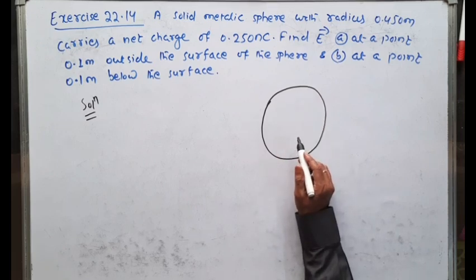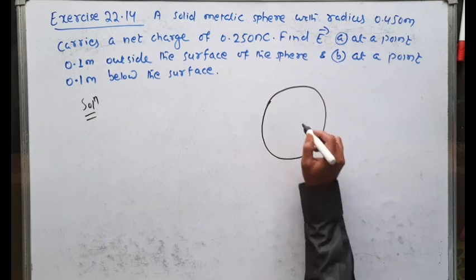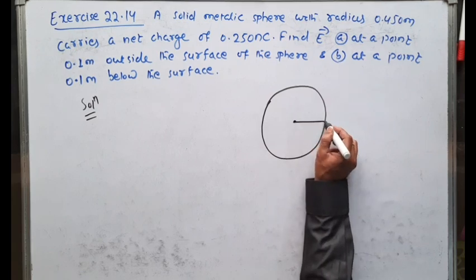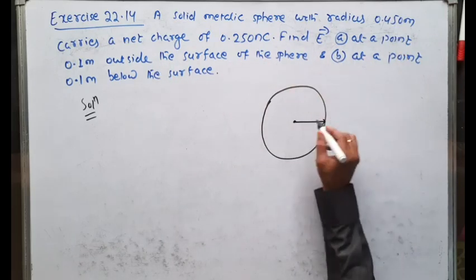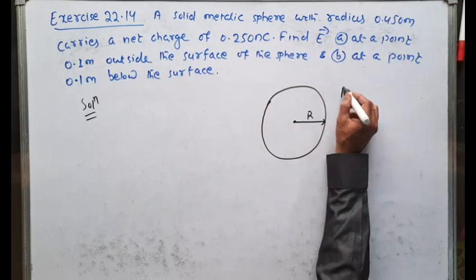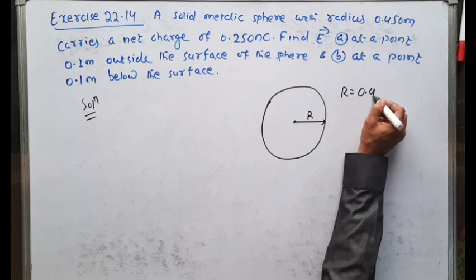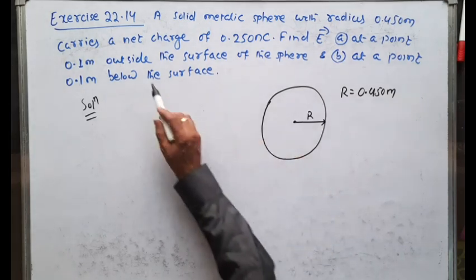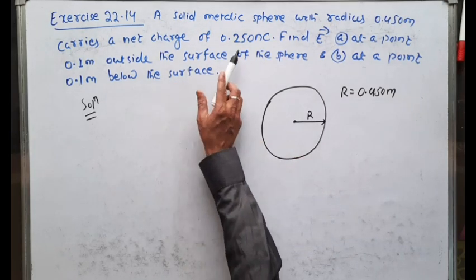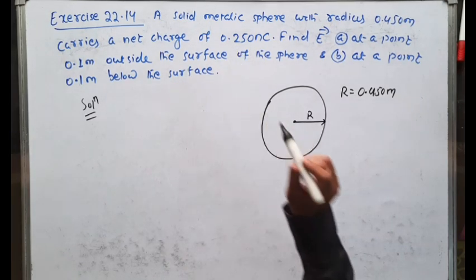It is given with radius 0.450 meter. So this is the radius of the sphere. And the net charge carried by the sphere is 0.250 nanocoulomb.